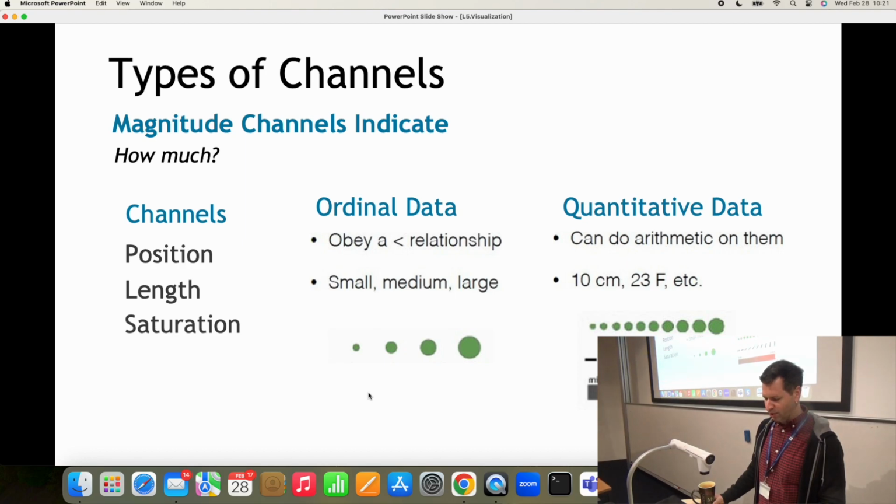And we can use channels to represent quantitative data, data that is subject to mathematical operations. Right, something measured in centimeters, something measured in degrees, and so on. There's tilt being used to represent data. This is color, right? Minimum value and maximum value being represented by color.